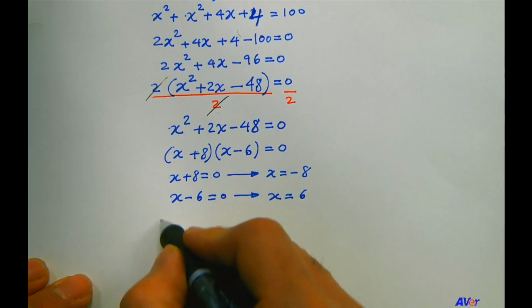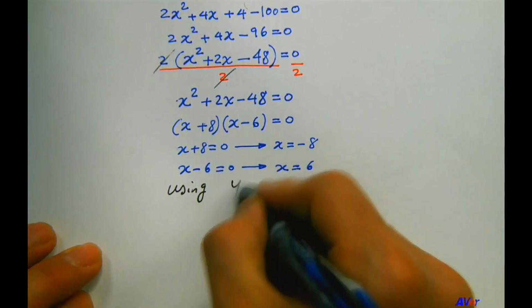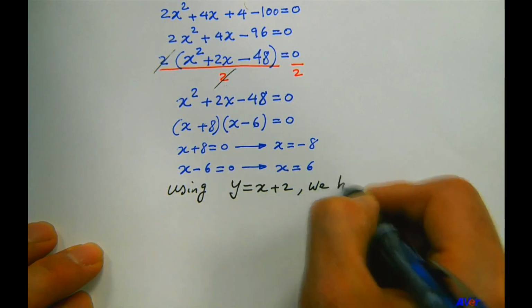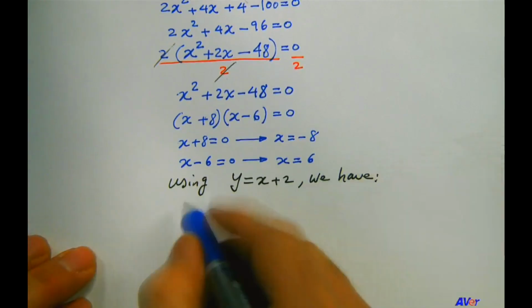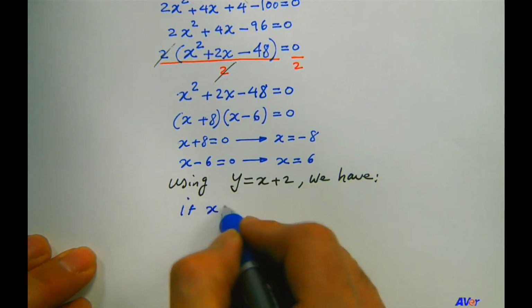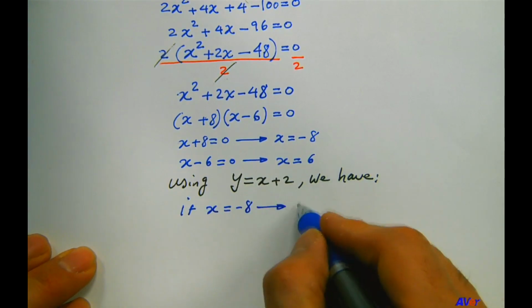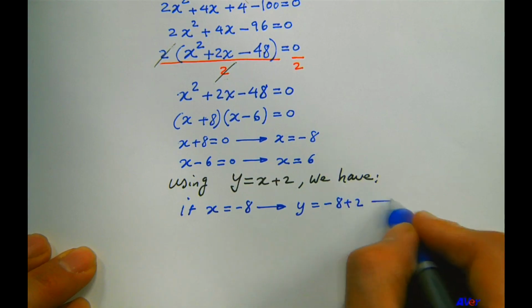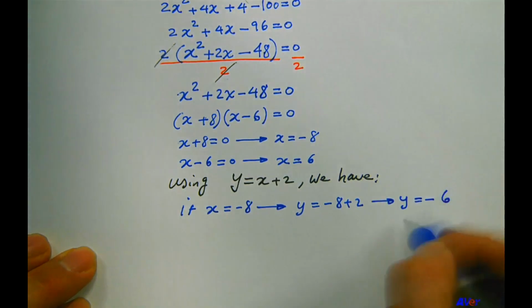So using y equals x plus 2, if x equals minus 8, then y equals minus 8 plus 2, and y equals minus 6.